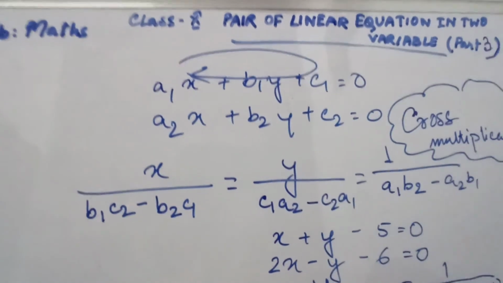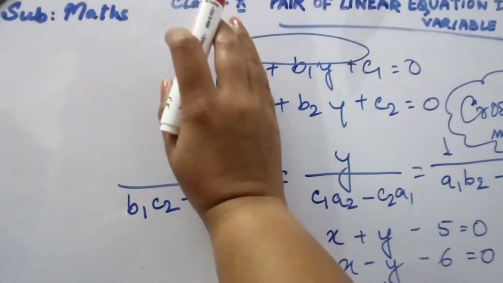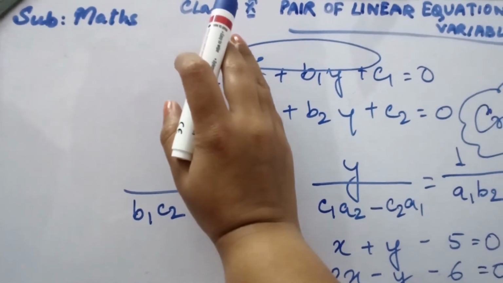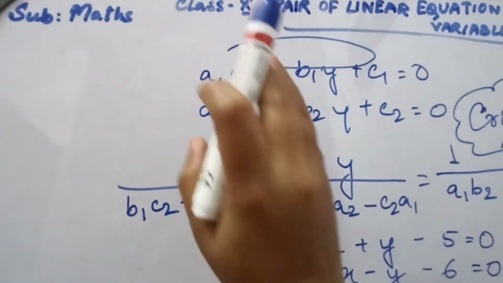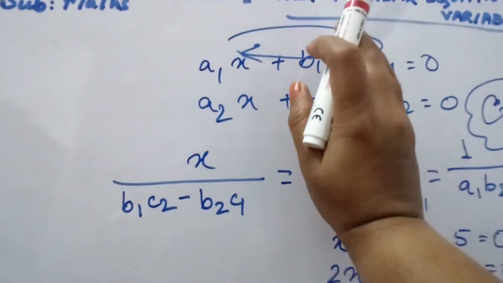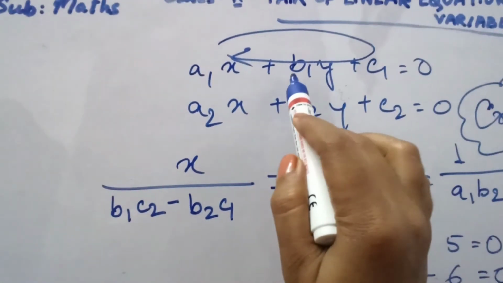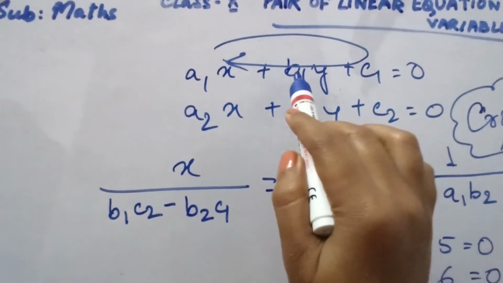One thing you should keep in mind, that when you are covering this one, you will never multiply this one first with this one. The next variable coefficient will be multiplied first, and always the preference will be given to the first equation.